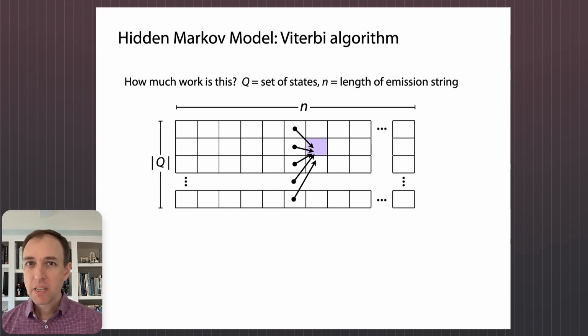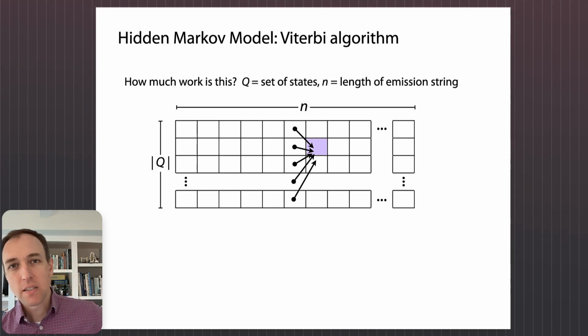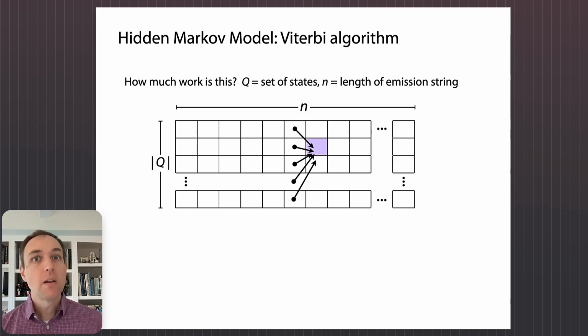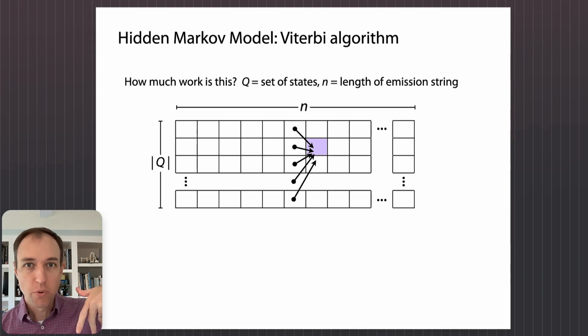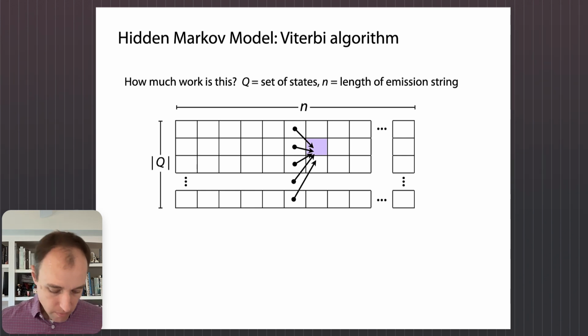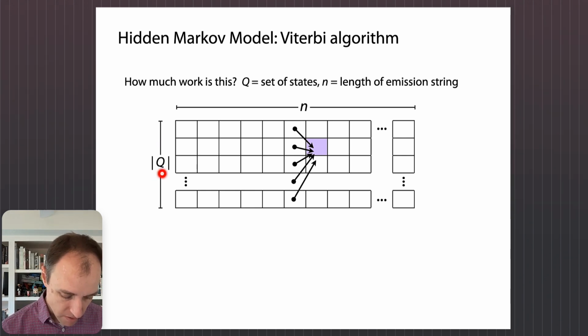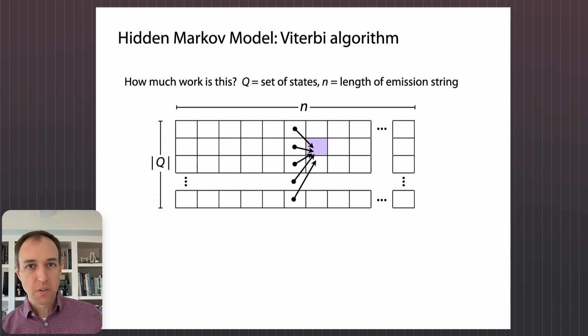Obviously, we have to fill in a matrix, so the amount of work we do ought to be proportional to the size of the matrix. Let's step out of the occasionally dishonest casino example and think more generally. If there's some state space, capital Q, this is how many different possible states our system could be in, then that's the number of rows of the dynamic programming matrix.